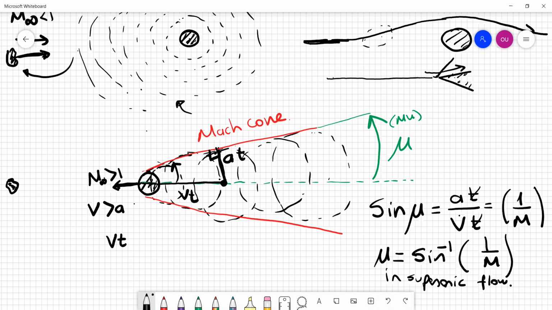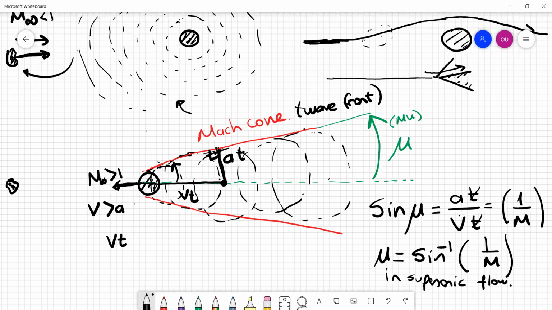This Mach cone is what we call a wave front, because all the waves coalesce together to form it. So an oblique shock at the very nose of the aircraft, if it's a wedge or a ramp, is a result of this physical process.